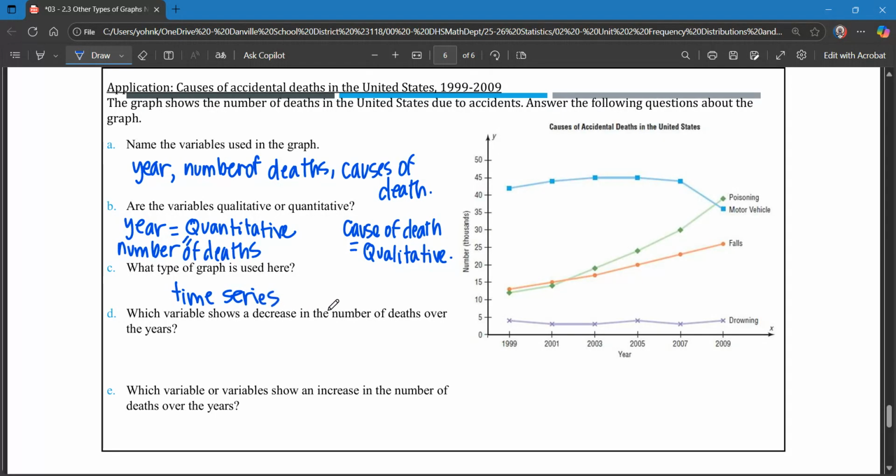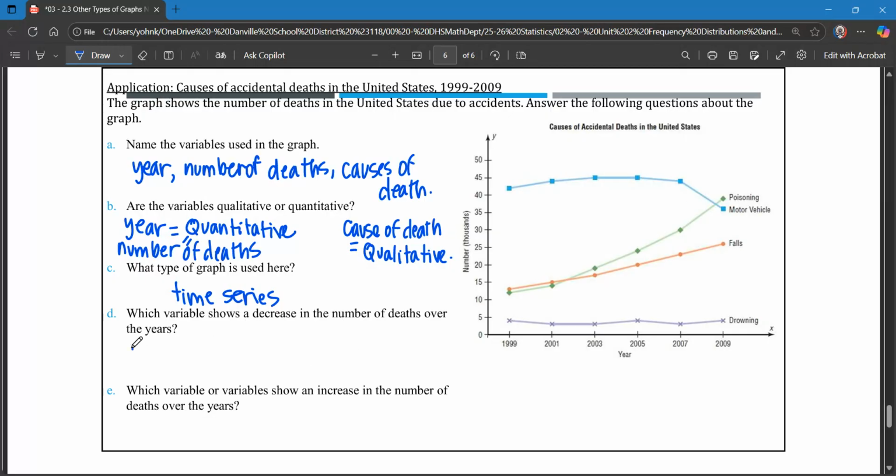Which variable shows a decrease in the number of deaths over the years? Well, drowning, the purple one here, looks like it's basically staying the same. It decreases, increases, decreases, increases. The orange falls one looks like it's constantly increasing. The green poisoning one also looks like it's constantly increasing. The motor vehicle one is the only one that I could see doing a big decrease.